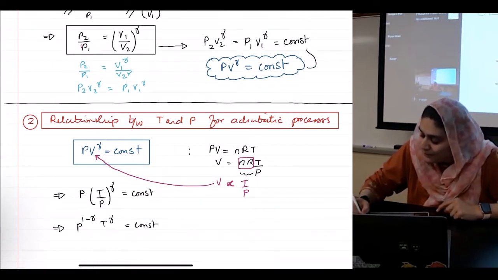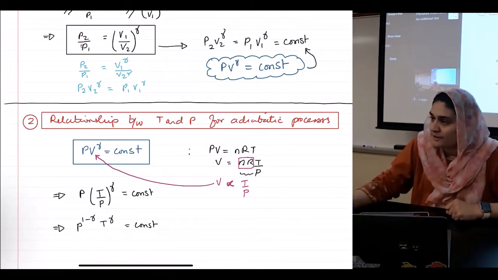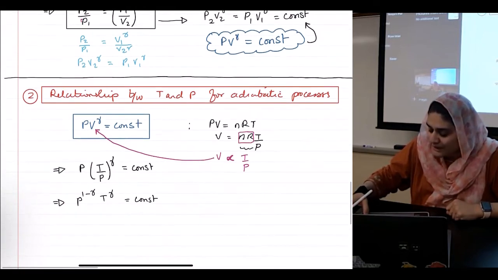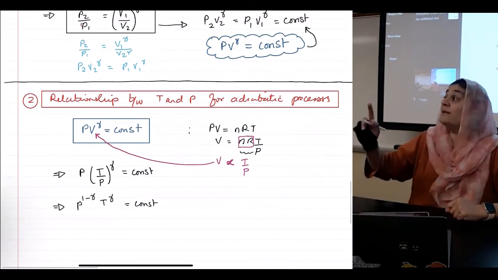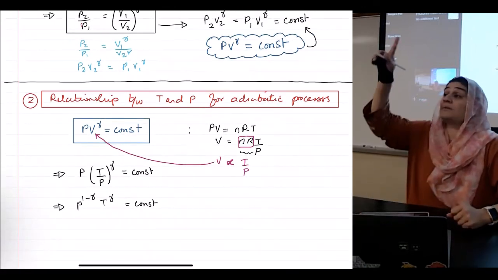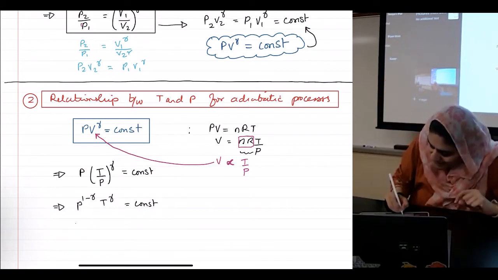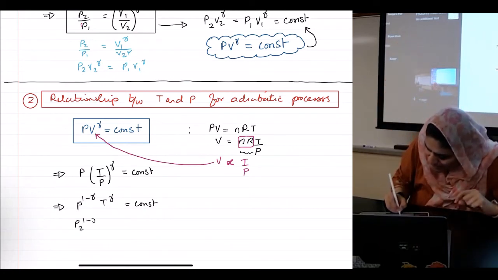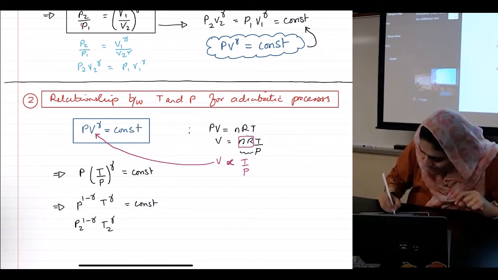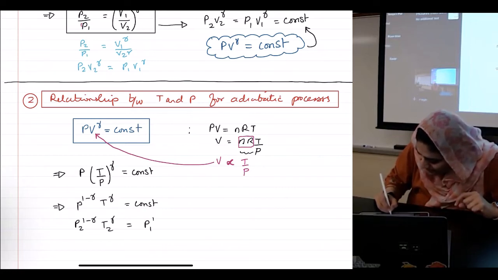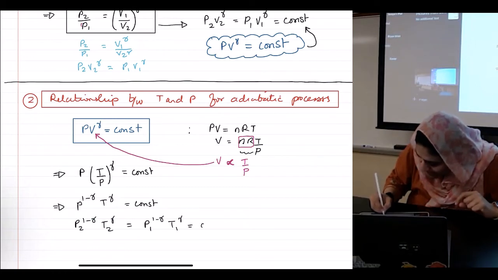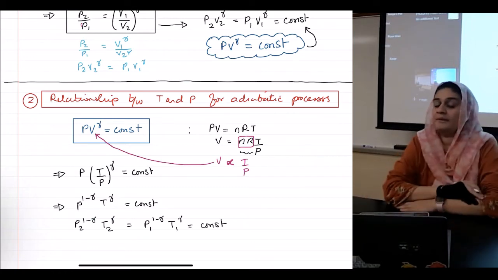So I'm going backwards now from here to there, from our fluffy cloud equation to our regular equation. Then am I allowed to, following the same logic, move the equation backwards or forwards? So then may I write this as P2 to the 1 minus gamma T2 to the gamma equals P1 to the 1 minus gamma T1 to the gamma, is a constant. Am I allowed to do that?